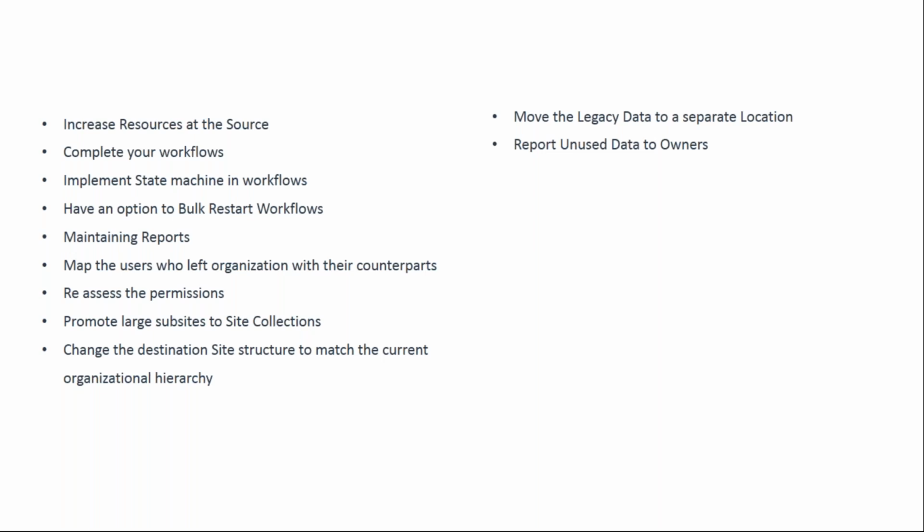If it's not modified in the last 3 years, 80% of the time this data could be deleted. So a nice report of all the items not modified in the last 3 years could be given to the site owners or data owners, and they can either proceed with deletion or move it to the record center or the legacy site.